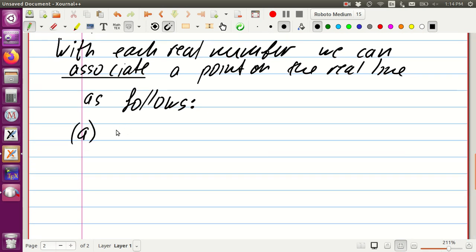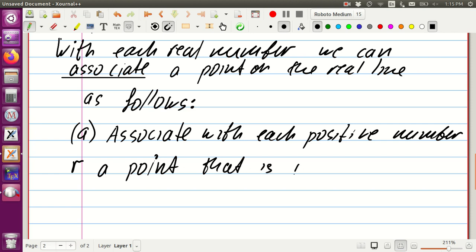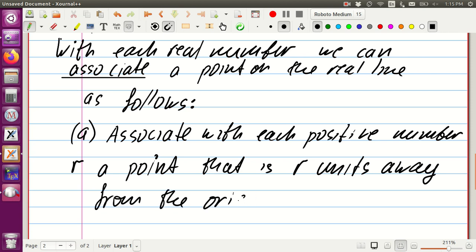The first part says the following: we associate with each positive number R a point that is R units away from the origin in the positive direction.